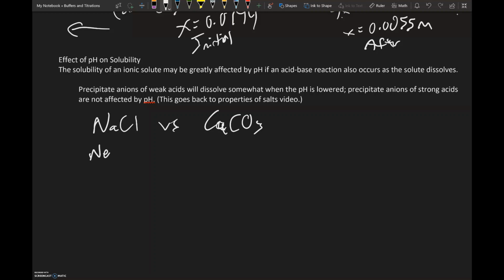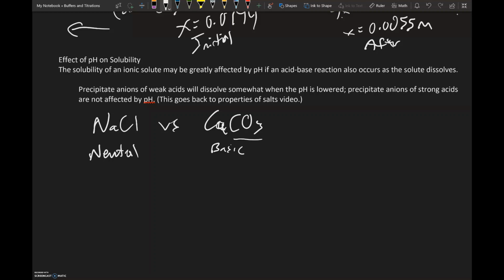This is a neutral salt because chlorine comes from hydrochloric acid, which is a strong acid, making this weak, whereas the carbonate ion in calcium carbonate comes from carbonic acid, which is weak, which makes this a strong basic compound. So this salt is basic.